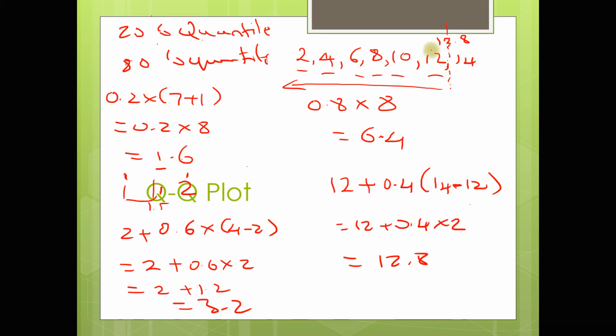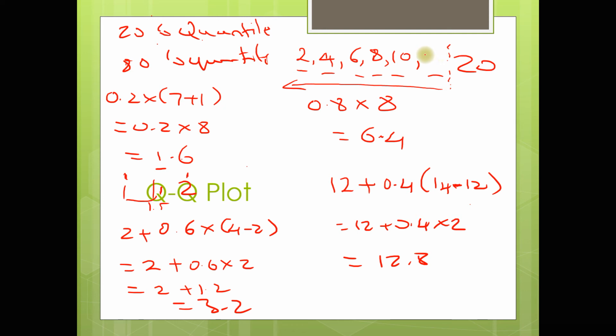Obviously, here things are equidistant, but if you had this value as 14 and this value, let's suppose it was 18 or 20, things like that, then let's suppose this was 14 and this one was 20. Then the 20% quantile would be the same, it would not be affected, but the 80% quantile would not be 12.8, obviously.